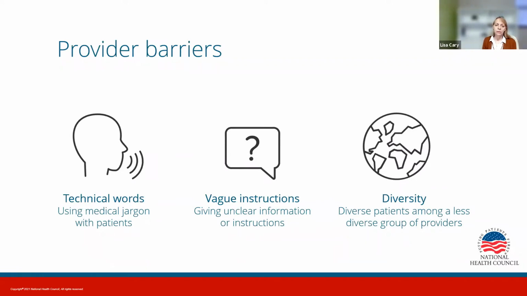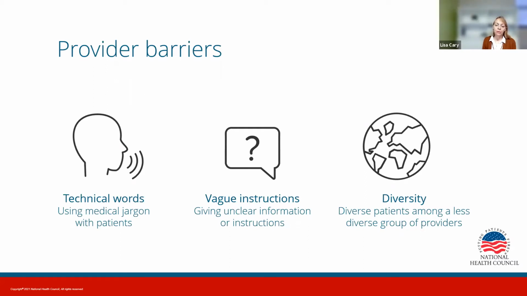Provider barriers to patient care can be using technical words or medical jargon that they learned in med school. These words become second nature to them, and so it's easy to think that patients are understanding them.